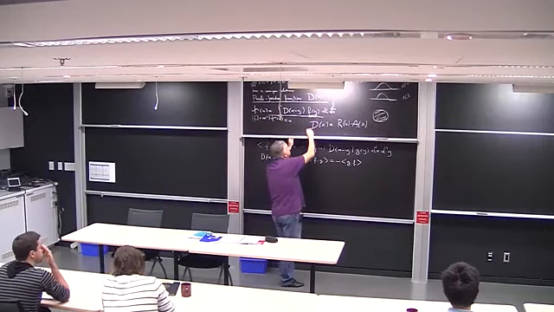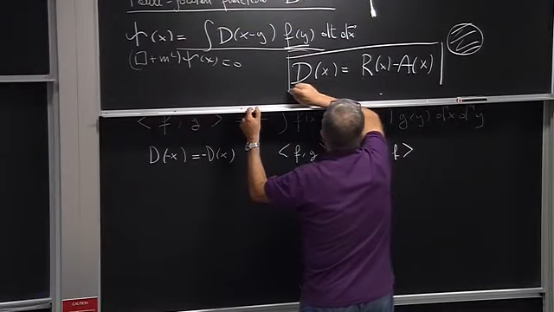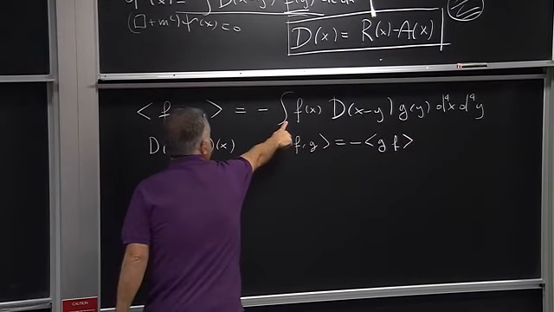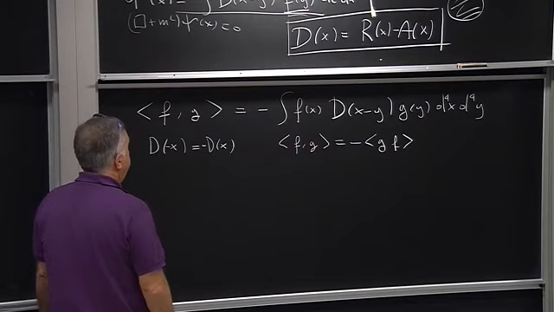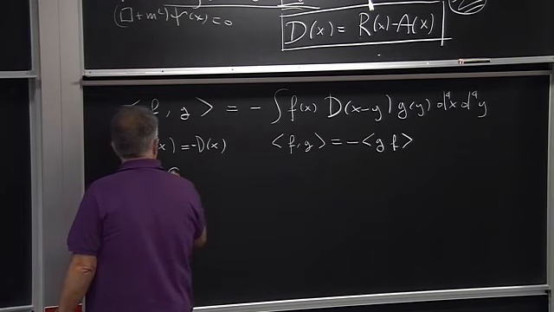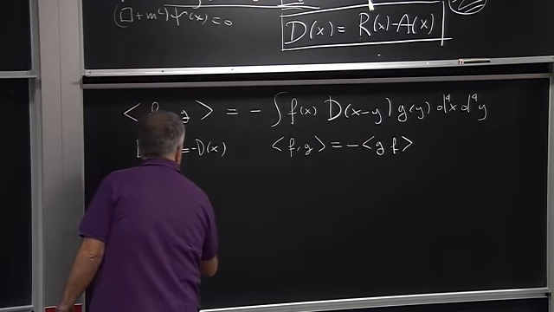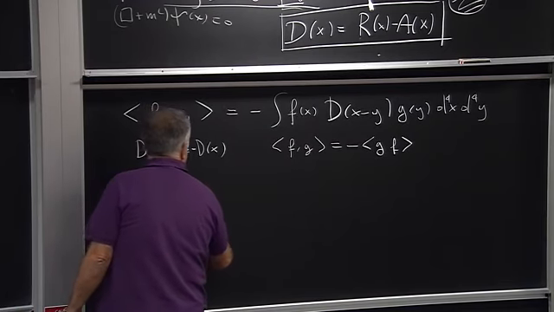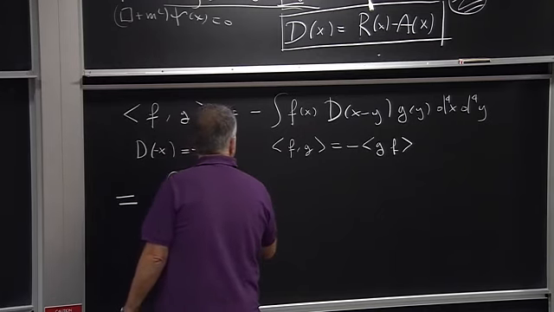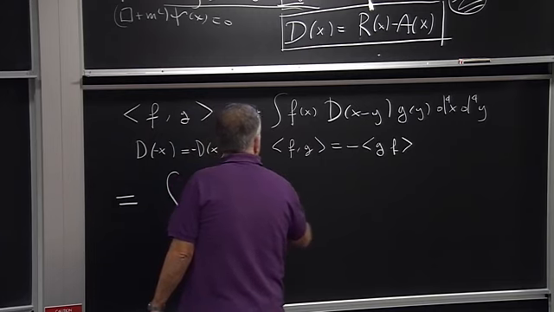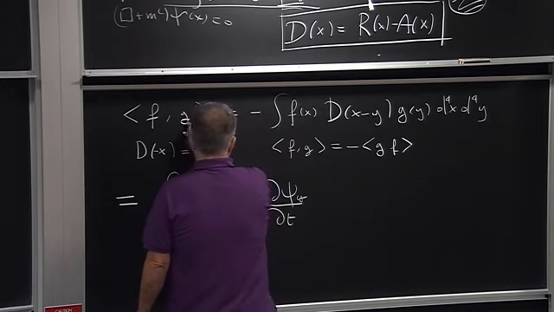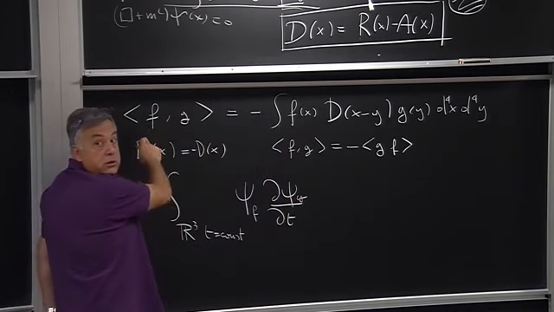If you use this property, you can show that this symplectic product can be rewritten as an integral at t equals constant of the solutions of the Klein-Gordon equation associated to the test functions f and g.